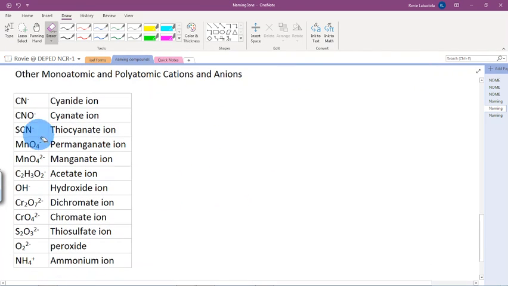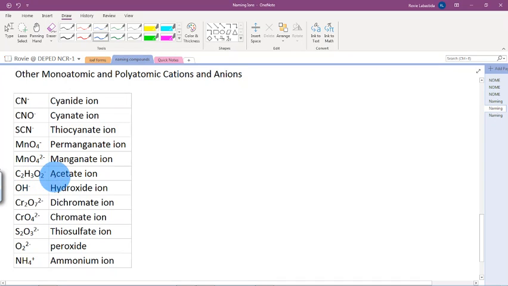Alright, so let's have CN negative, that is cyanide ion. CNO negative is cyanate ion. SCN negative is thiocyanate ion. MnO4 negative is permanganate ion. MnO4 2 negative is manganate ion.